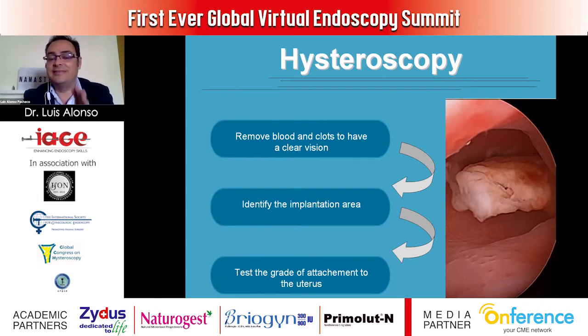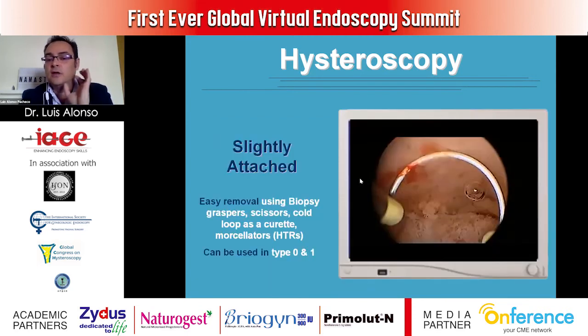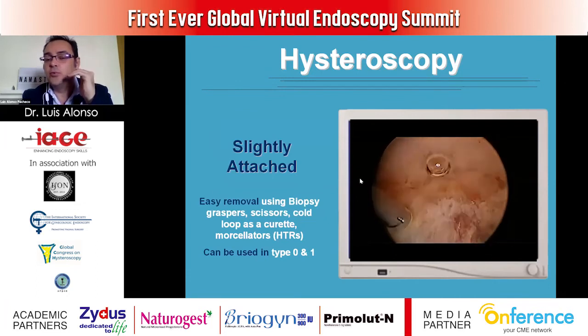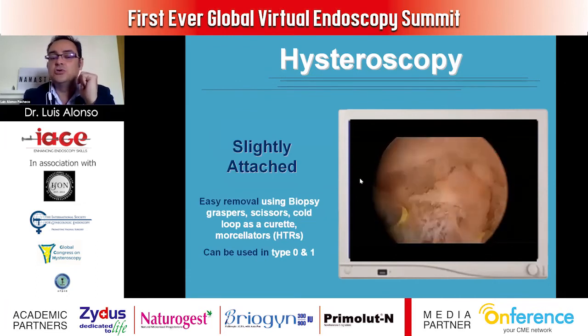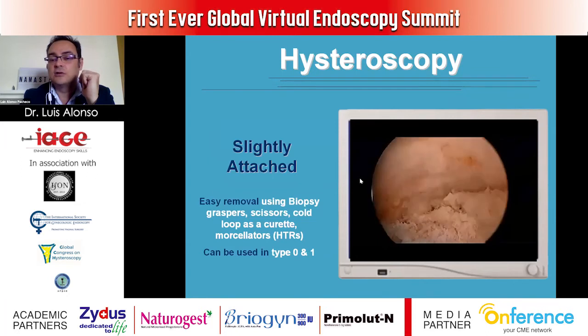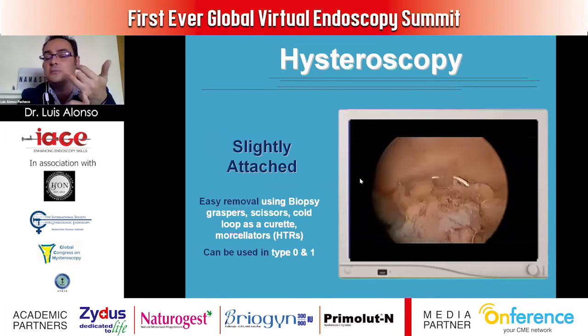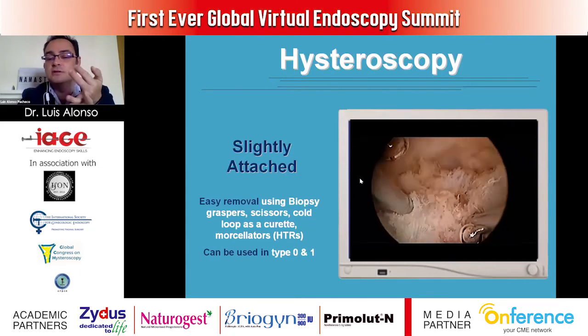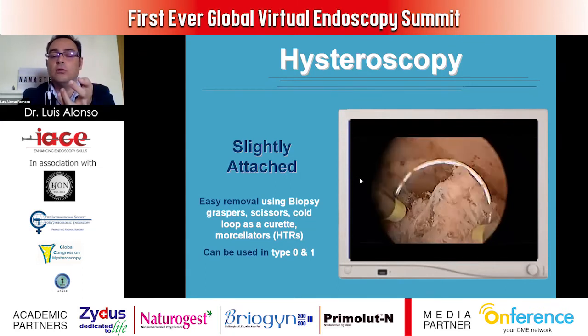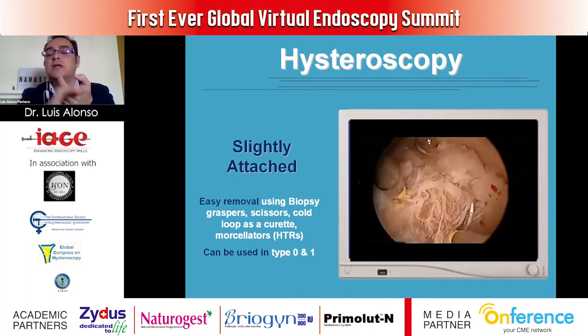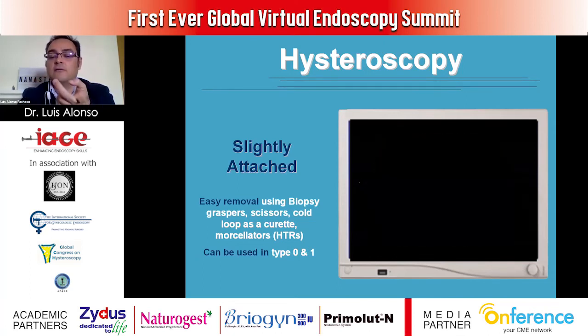And third, test the grade of attachment. What I mean is that sometimes when we find that tissue, if we push that area, the tissue is slightly attached, so it can be easily removed. We can use a biopsy grasper, scissors, the cold loop without energy, or a morcellator, because it's not hard attached.